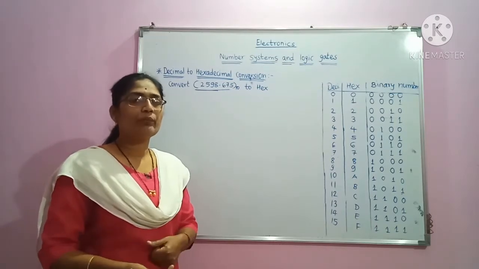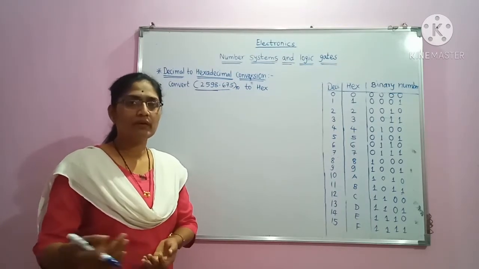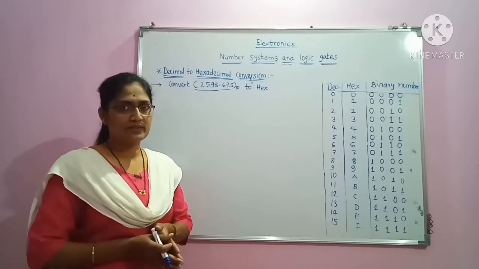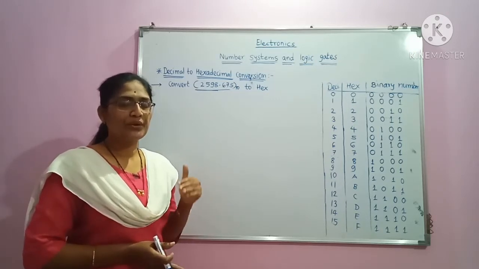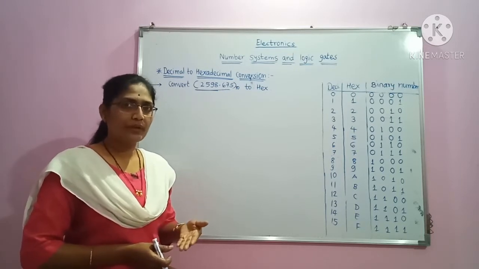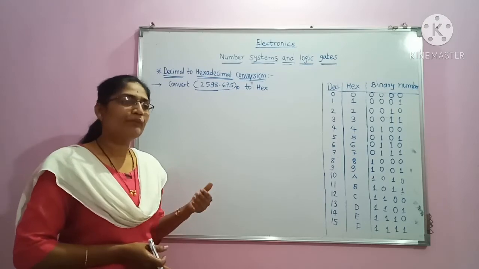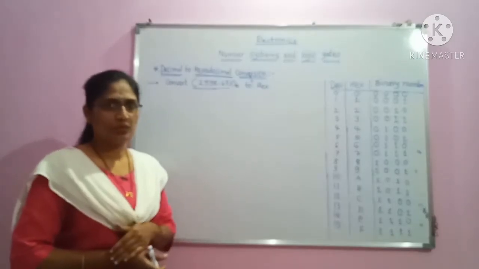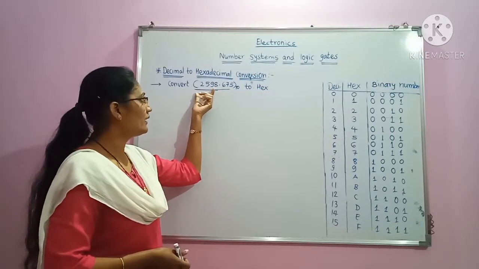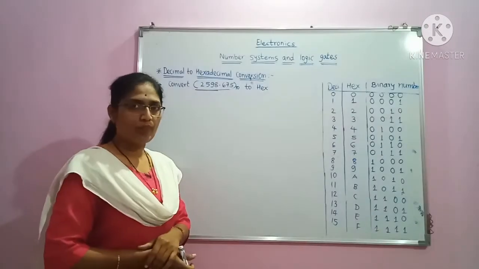Then again you will obtain a different remainder and quotient, and again that quotient you have to divide by 16. So you have to successively divide the obtained quotient till the quotient becomes 0, and you can convert the integer part to hexadecimal form.